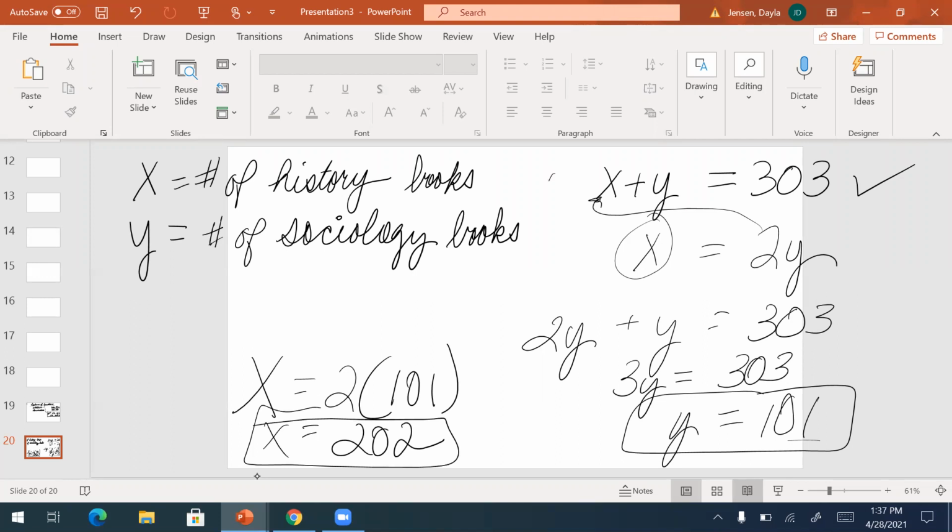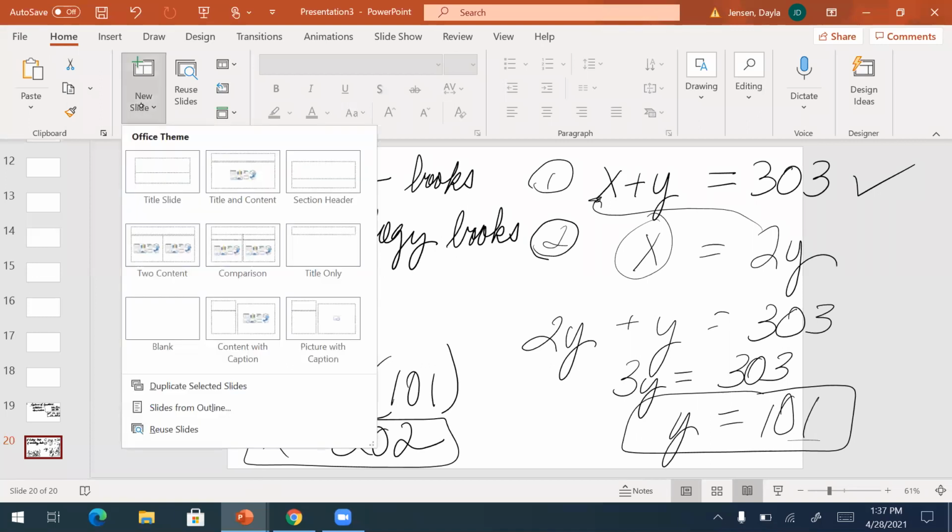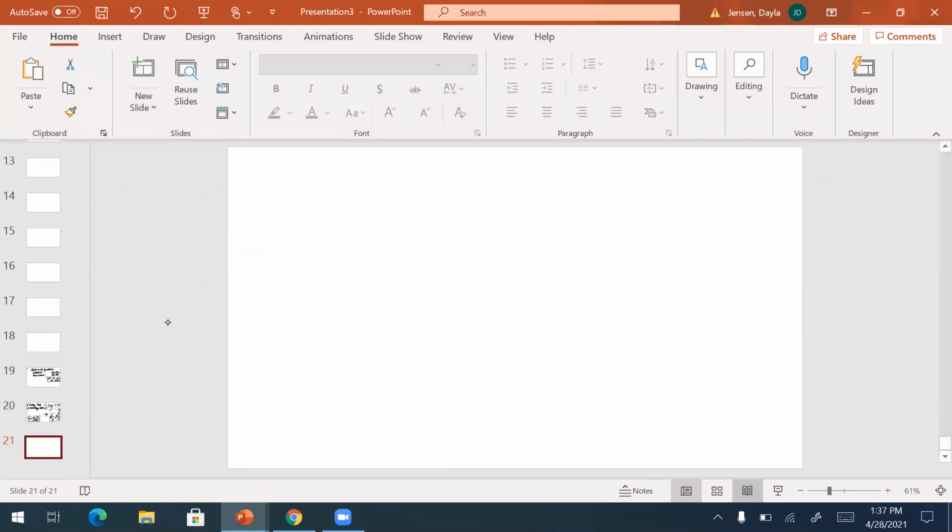So I had equation number 1 with 2 variables, and then I have to have a second equation in order to solve. So my answer is x is 202, y is 101.